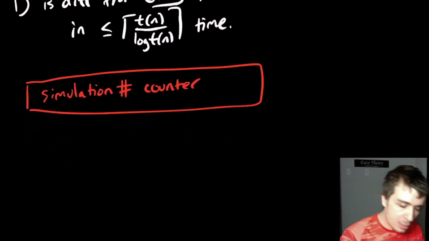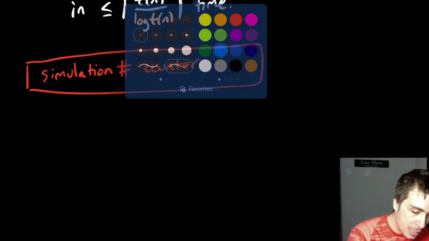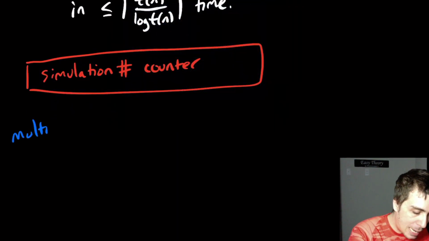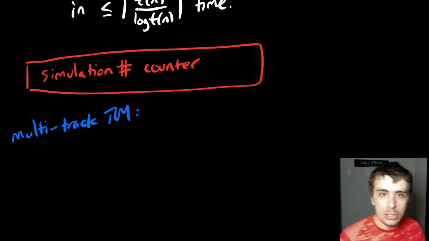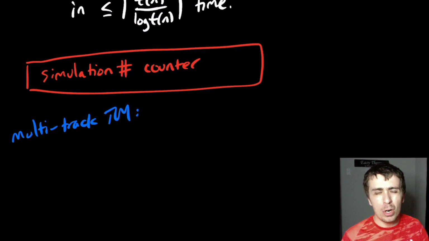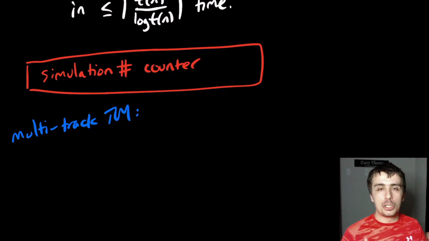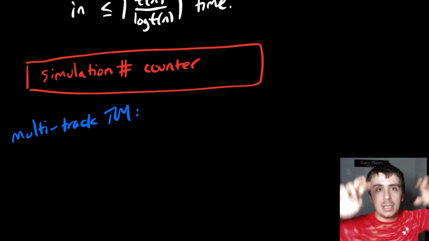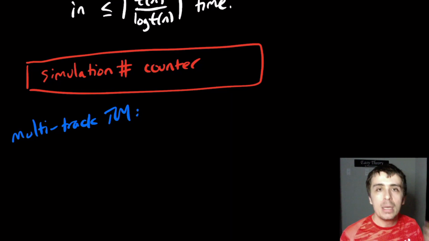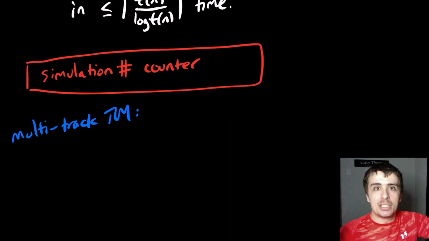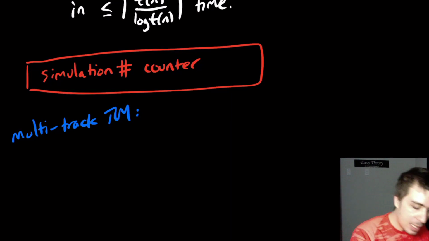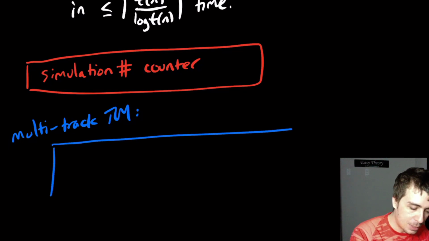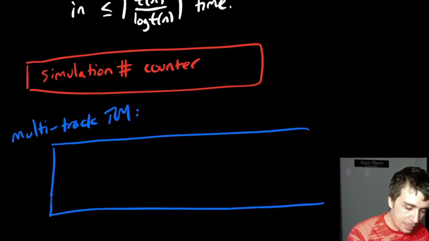So here's the really awesome idea, is to use a multi-track tape. So the name multi-track is actually kind of a misnomer. So the idea is to have multiple tracks, which is really one tape, but we think of it as having multiple tapes, even though it doesn't actually have multiple tapes. So here's the idea.